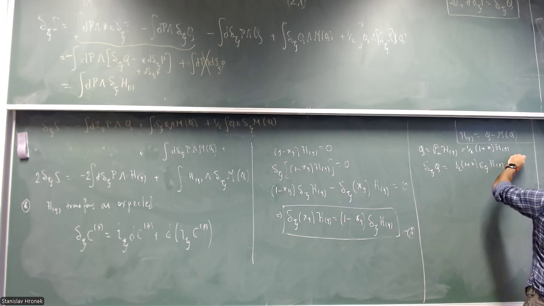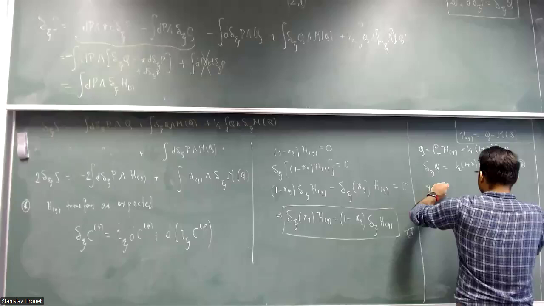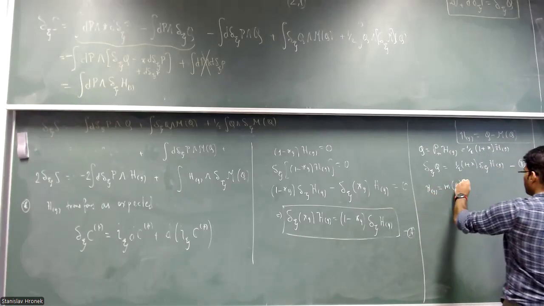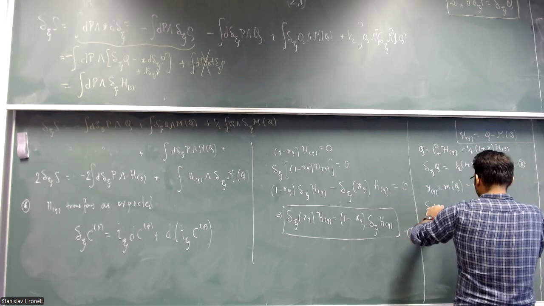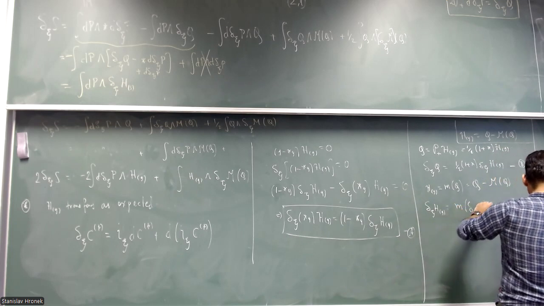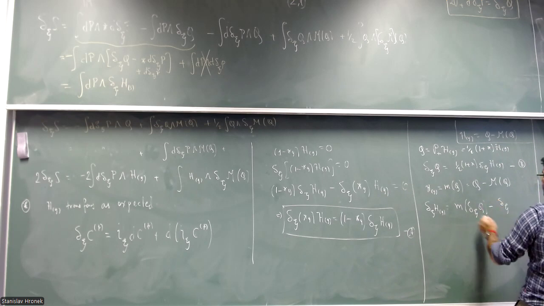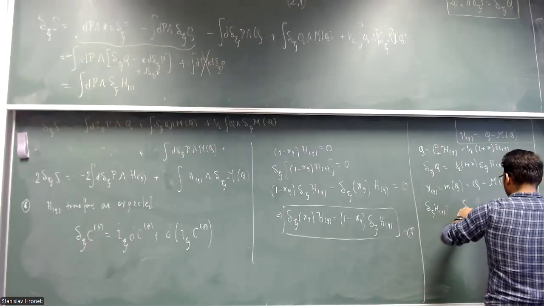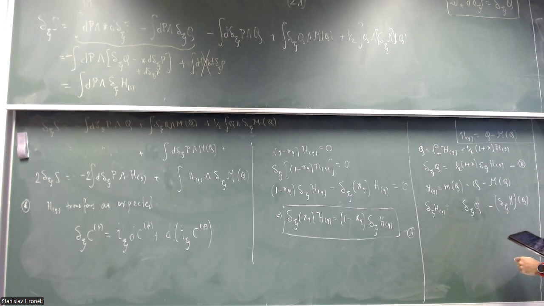So this is another equation. And finally, remember, H is given by small n of Q, explicitly Q minus capital N of Q. Now, if I take a variation of this on both sides, I have... I just took a variation on both sides.